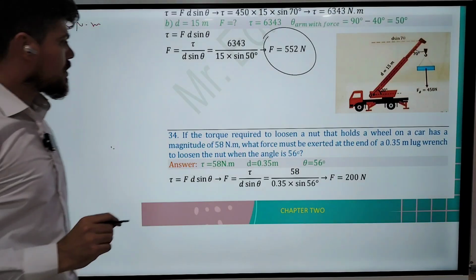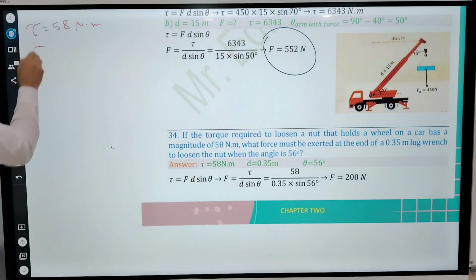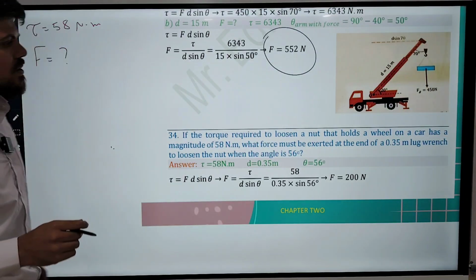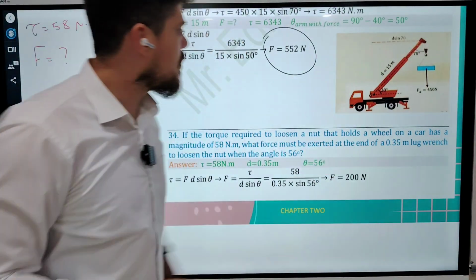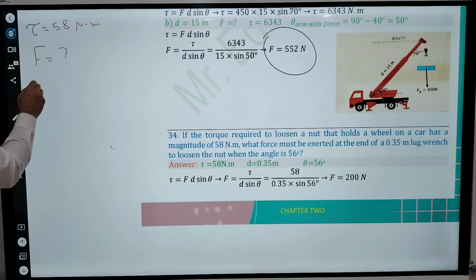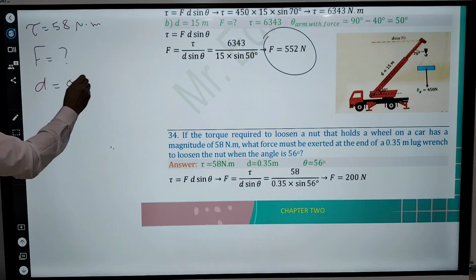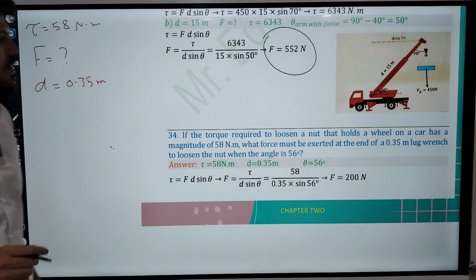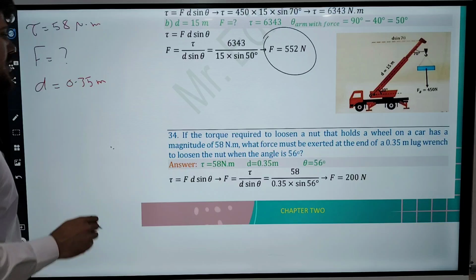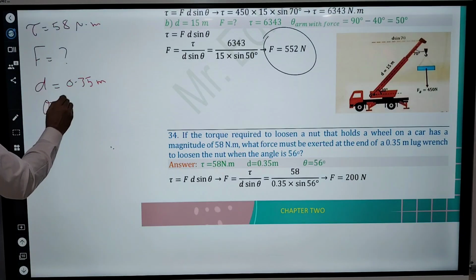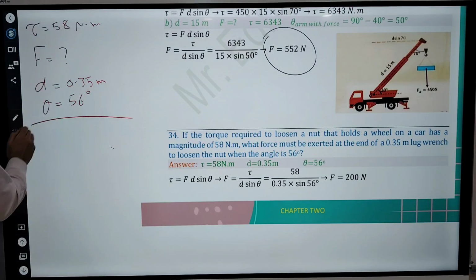What force must be exerted? Force is unknown. Exerted at the end of a 0.35 meter wrench, distance 0.35 meter, to loosen a nut when the angle is 56 degrees.